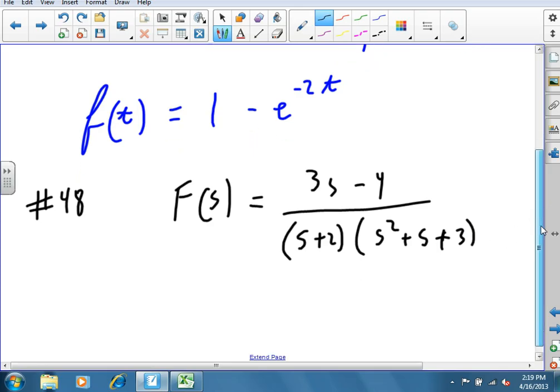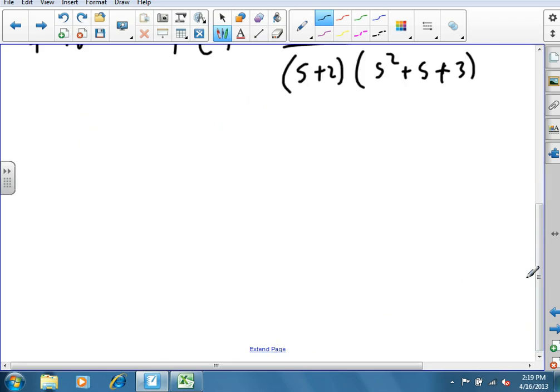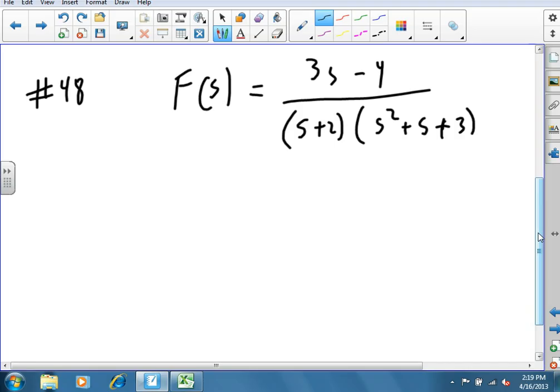Okay, well, I look at that and I say, well, I don't think I'm going to have that on my Laplace transform table. So what I'm going to do is a partial fraction.